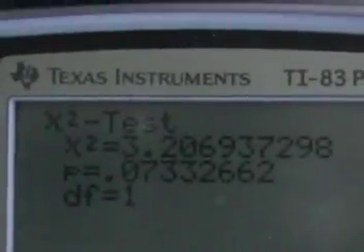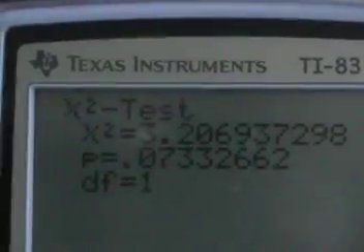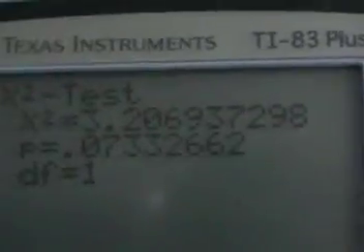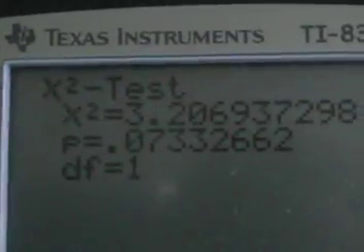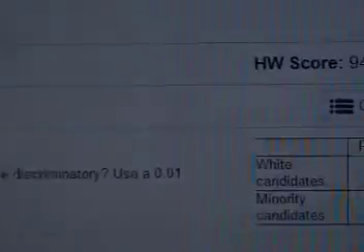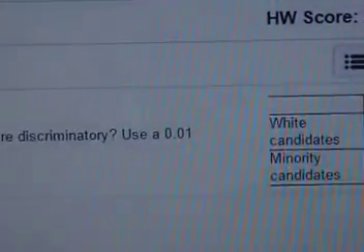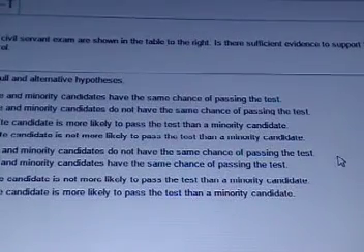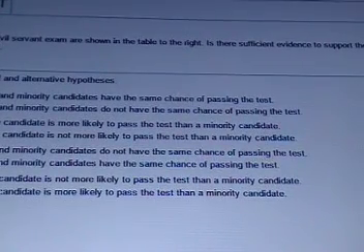Chi-square is 3.2069. The p-value is 0.73. And since 0.73, the p-value, how does that compare to 0.01? 0.7 is bigger than 0.1. Now, if they would have given me a 10% level of significance, then I would be less than it, and I would reject the null. But since it's higher, then we're going to fail to reject the null.